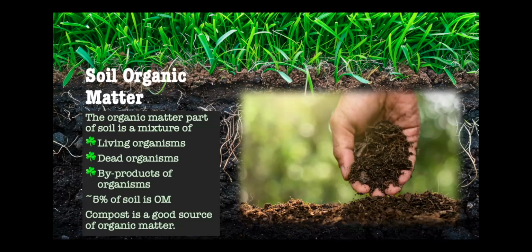And in all ways they're good for your plants. They provide nutrients. So about 5% of your soil is organic matter, like we said. Organic matter feeds all those microorganisms that live in your soil. That's what they need to eat, whether they're eating other living things, or leaves, or anything that's decomposing in your garden.